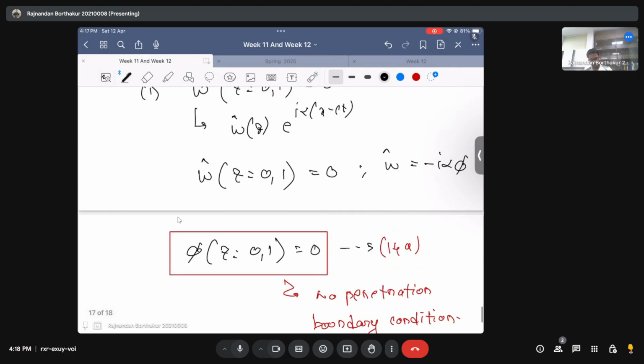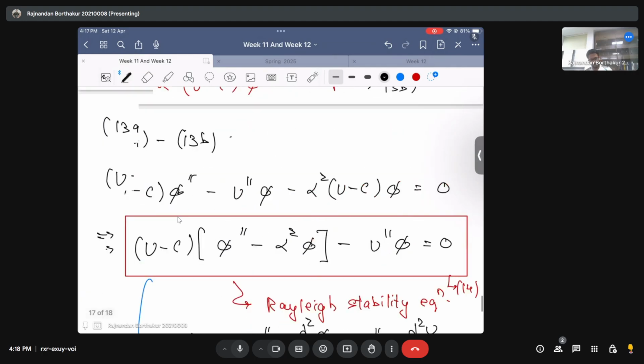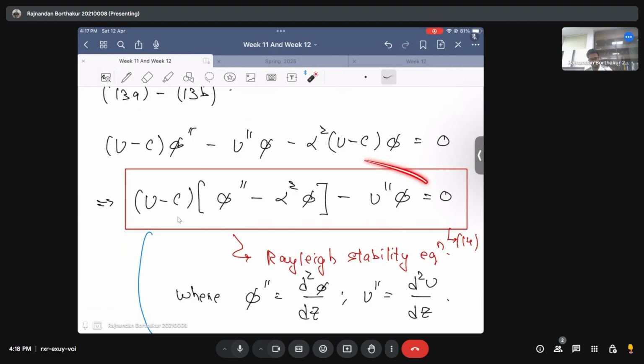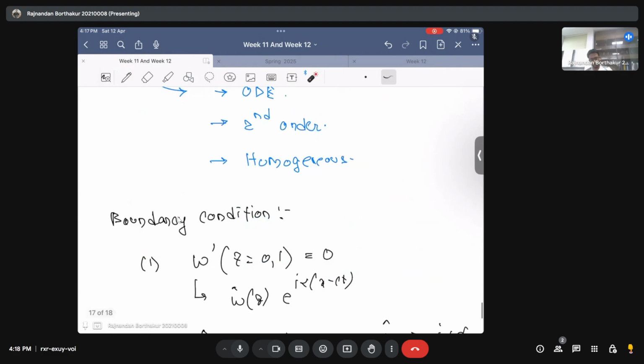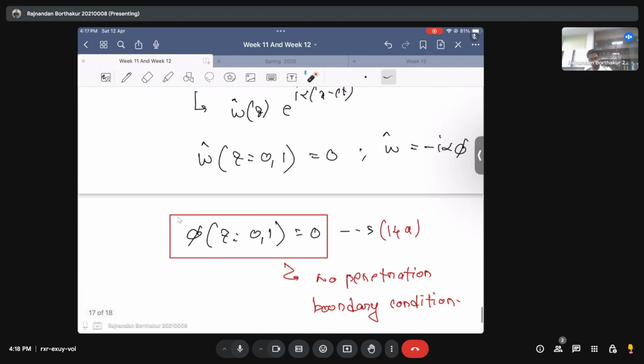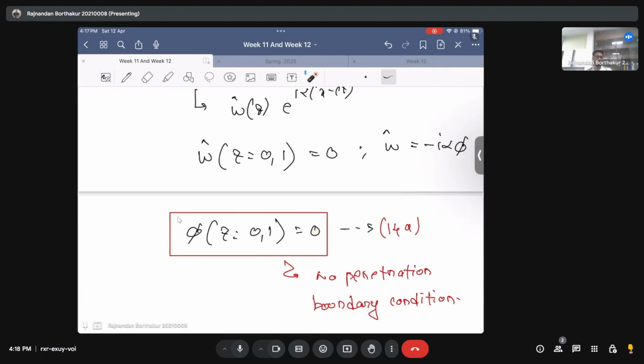I hope you understand that equation 14 is homogeneous, and we also found, using the no penetration boundary condition, that the boundary condition is also homogeneous. A homogeneous governing equation and a homogeneous boundary condition is basically a recipe for an eigenvalue problem.